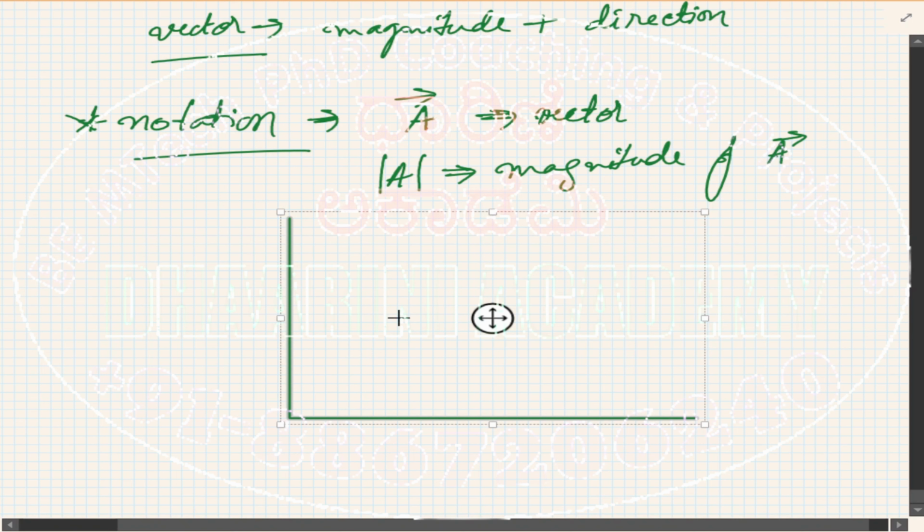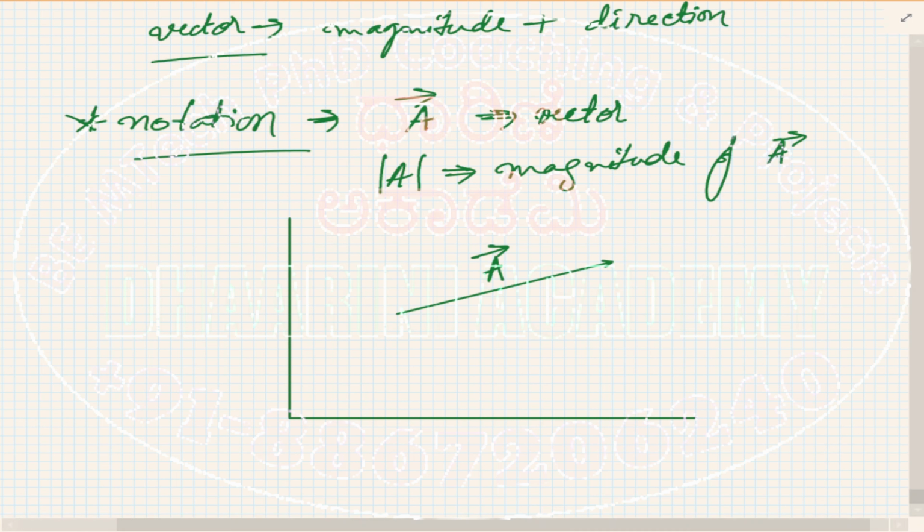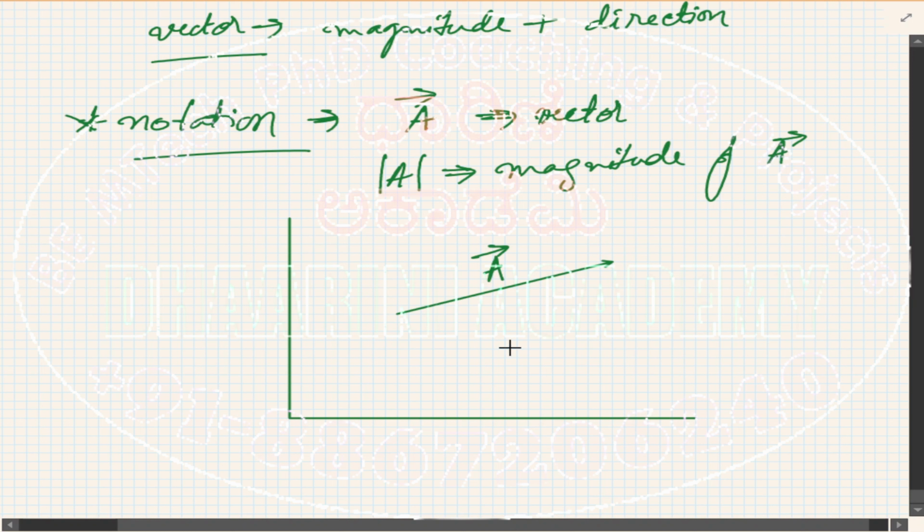So if you represent a vector like this, say this is vector a, then the total length of this line represents the magnitude, and an angle theta is indicated with it.